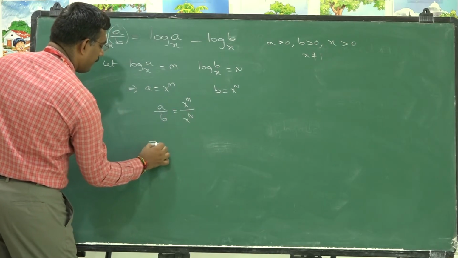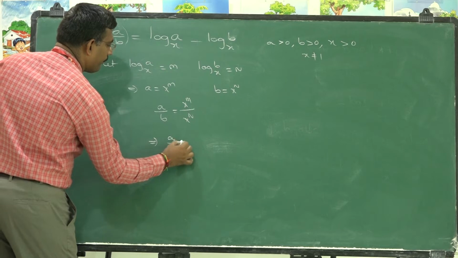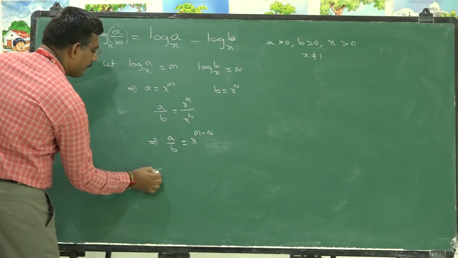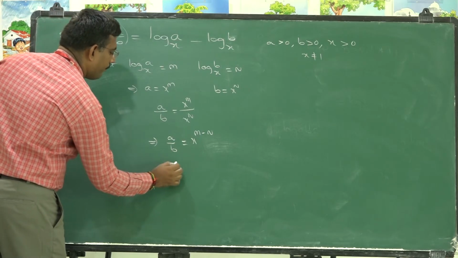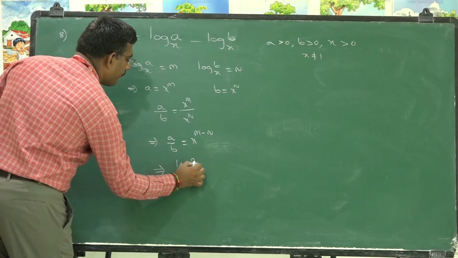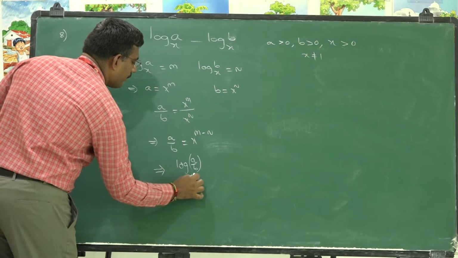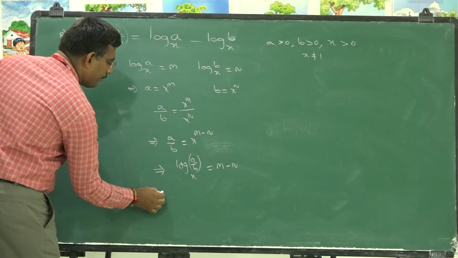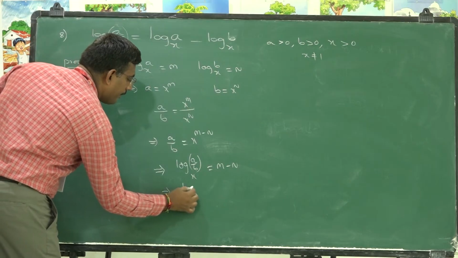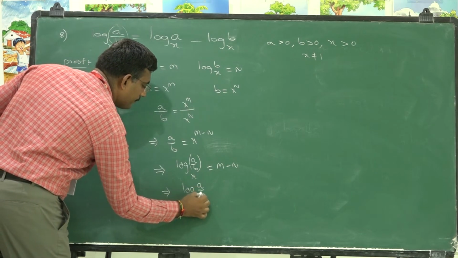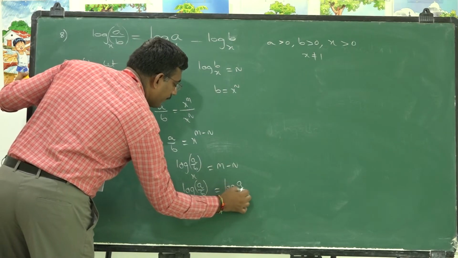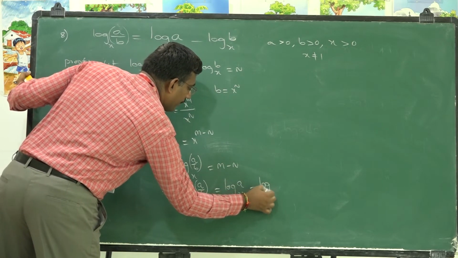So that implies a by b is equal to x power m minus n. Now we write the exponent form as logarithmic form. Log a by b base x is equal to m minus n. So substitute m and n values here. Log a by b base x is equal to log a base x minus log b base x.